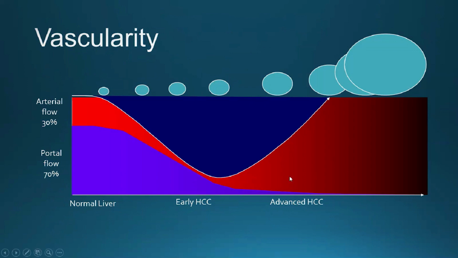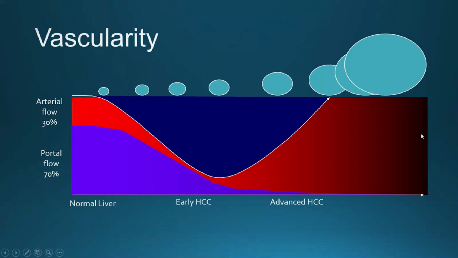This is based on our knowledge that when there is a normal liver and a tumor has started to grow, in early stages we have portal flow, and as the tumor grows further, portal flow gradually diminishes and arterial flow gradually increases.